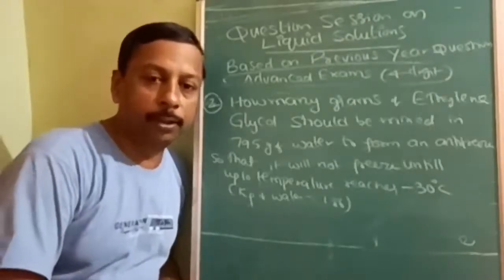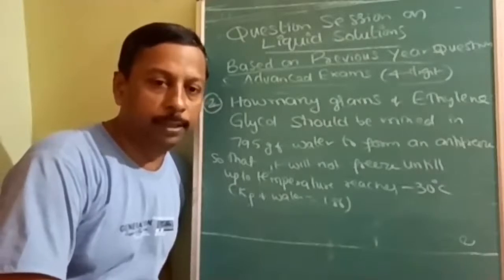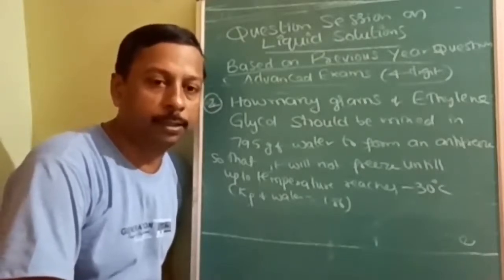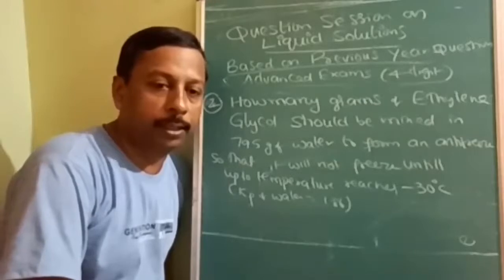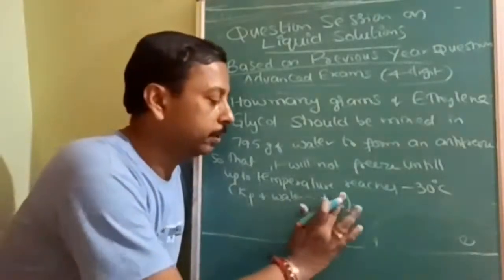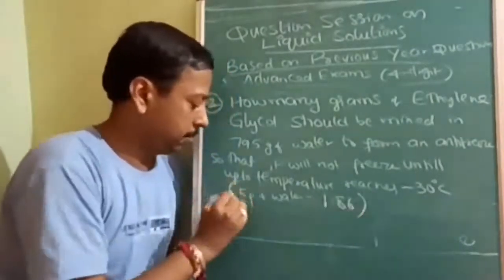Okay, next question. How many grams of ethylene glycol should be mixed in 795 grams of water to form an antifreeze, so that it will not freeze until the temperature reaches minus 30 degrees Celsius, and Kf of water is 1.86.